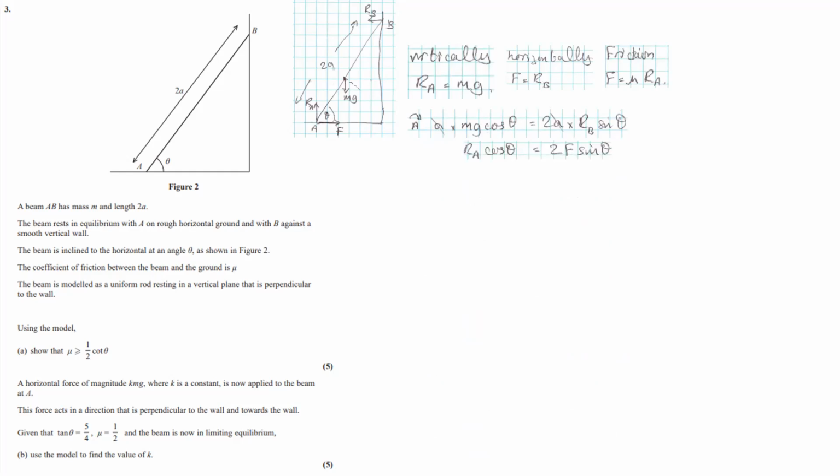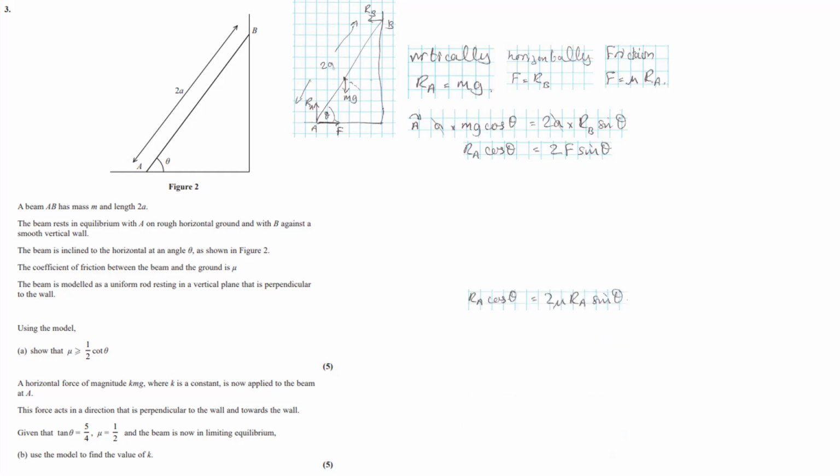There, what I've done was the mg was the same as the RA. Now, normally you substitute in mg like in the previous question for the reaction, but here I wanted the same on both sides. So the mg I replaced with RA, and the RB I replaced with F, right? Because then I can replace the F with mu RA.